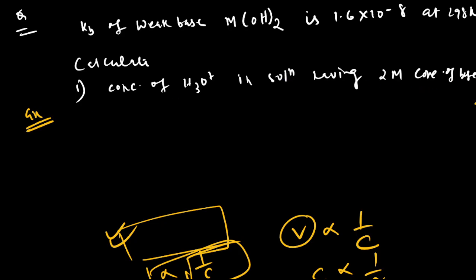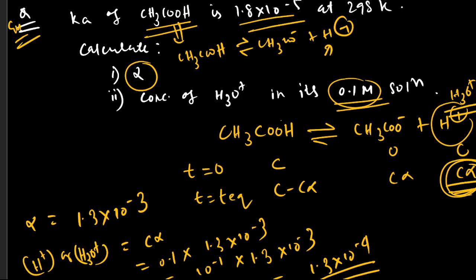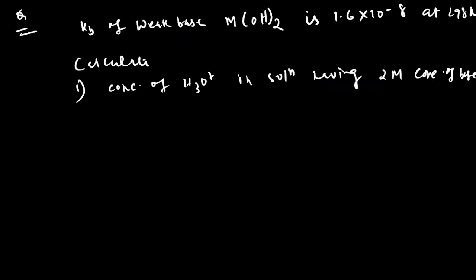So Kb is given, Kb is 1.6 into 10 raised to minus 8.